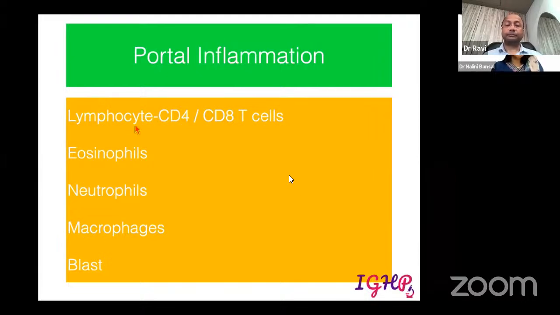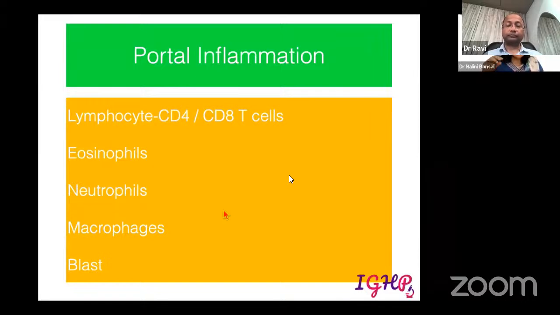Whether the component is made up of lymphocytes, eosinophils, neutrophils, macrophages, and there could also be some lymphoblasts seen within the infiltrate. So when we talk of rejection infiltrate, we are actually talking of a mixed infiltrate, dominantly lymphocytes, with a fair proportion of eosinophils, neutrophils, macrophages, and some blast cells.